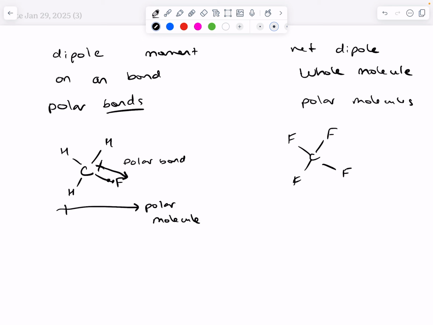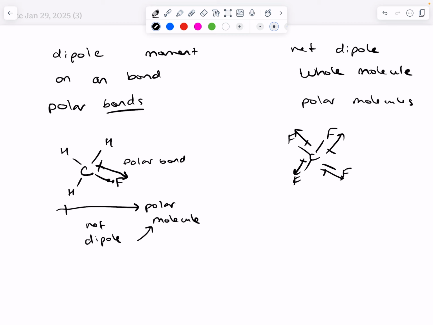Now, the dipole moments we add up together to get the net dipole, to find out if the overall molecule is polar. Now on this one, we have 4 fluorines that are all pulling in opposite directions. And so they're all pulling away from the center, and they actually are all canceling each other out.